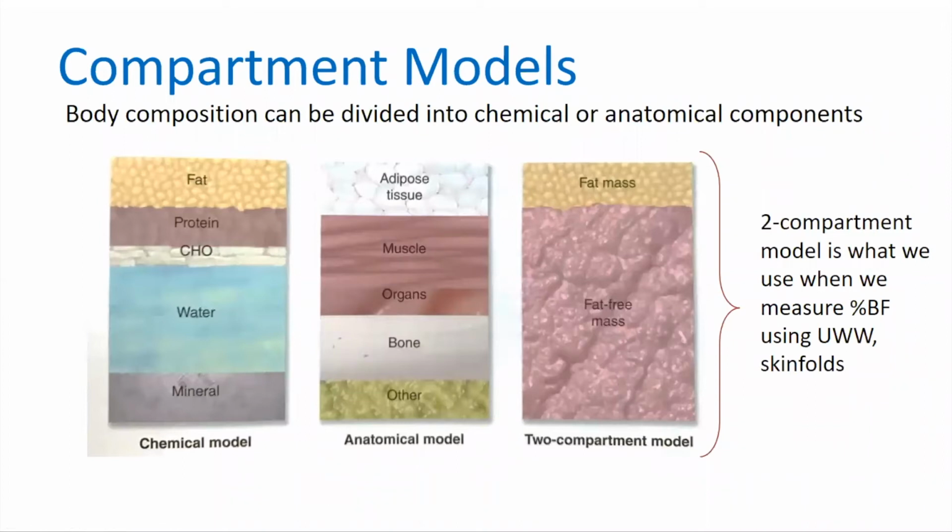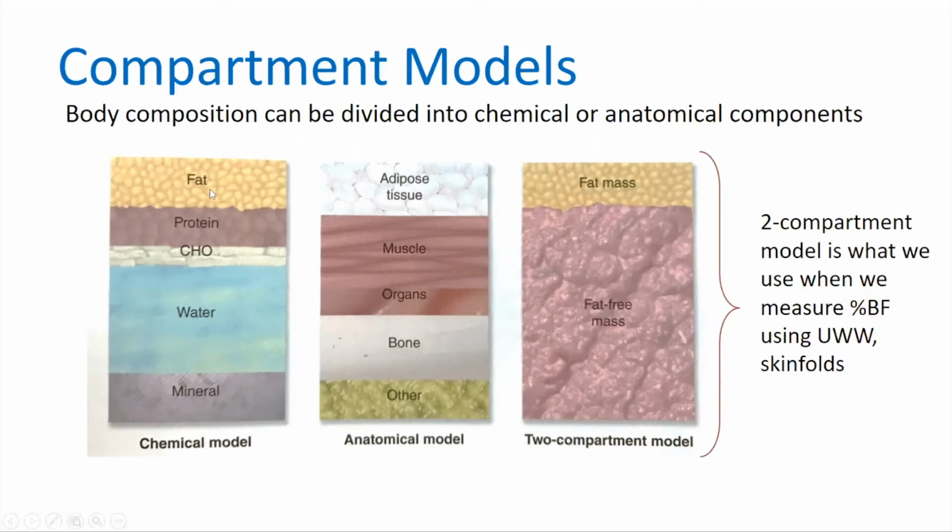There are different compartment models that can be used. In this section, we're only going to talk about the two-compartment model, where we're going to be able to break down the body into either a fat mass component or fat-free mass component. There are other models out there, such as a chemical model, which would break down the body into different chemical elements.